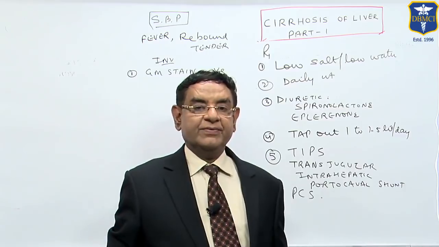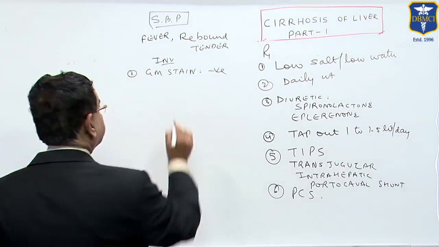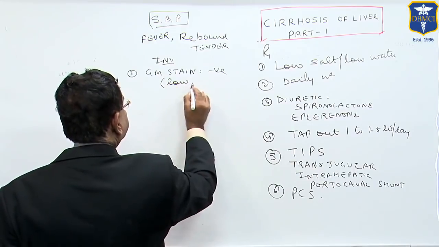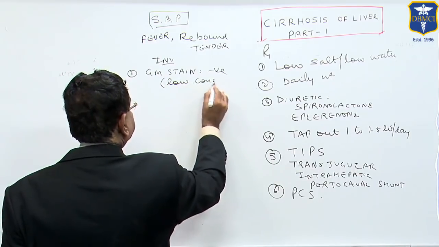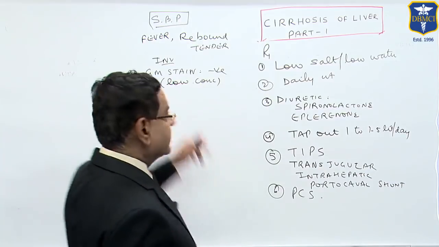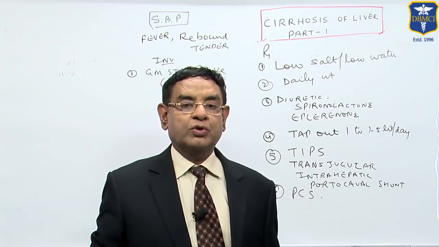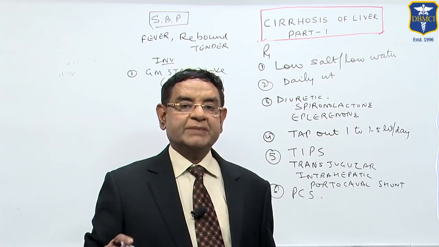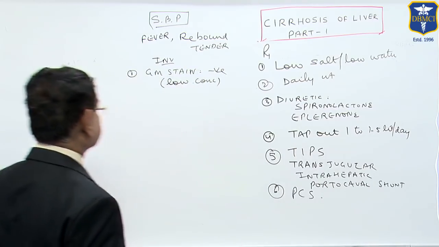Why negative? Because the organisms are in very low concentration. Why is the concentration so low in this patient? For that, we need to know the basic pathogenesis of this condition.